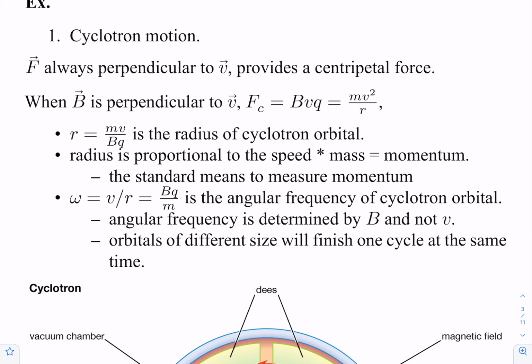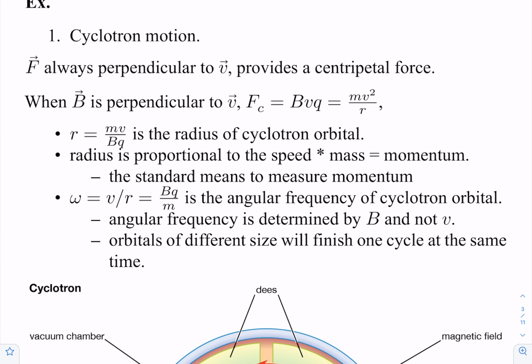If the magnetic field is perpendicular to the plane of this orbit, then B is a constant, and the B cross V is also a constant in magnitude, but changing direction. And this force should be equal to ma, which is the centrifugal force. If you still remember your physics course, that should be mv squared divided by r.